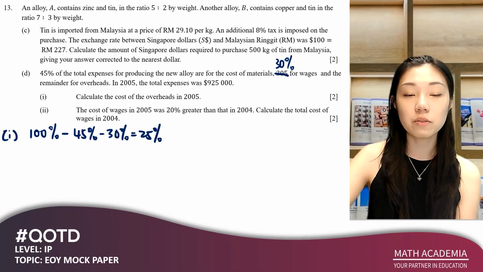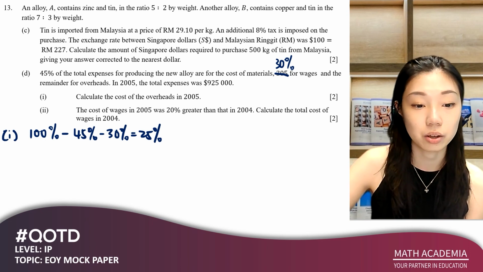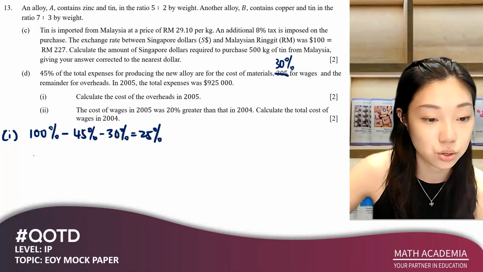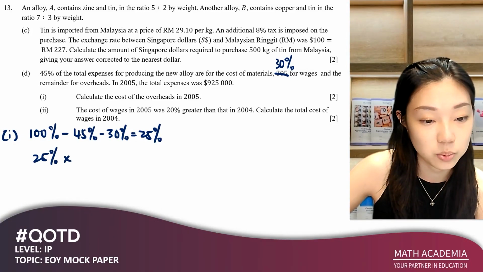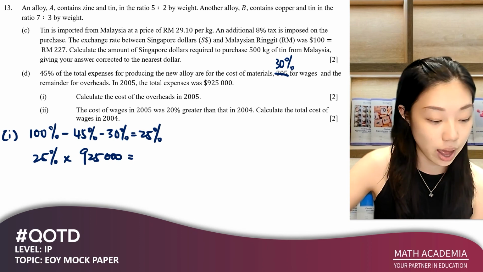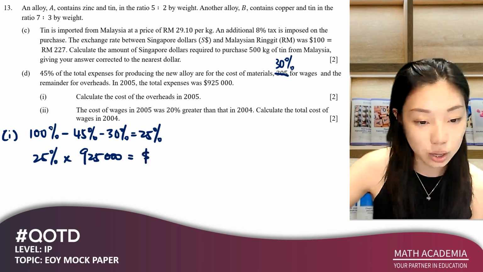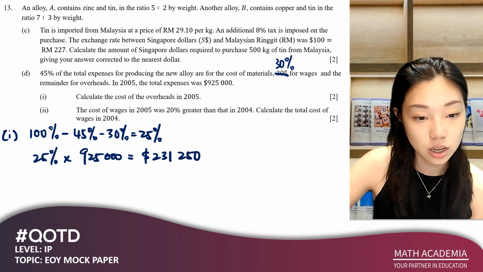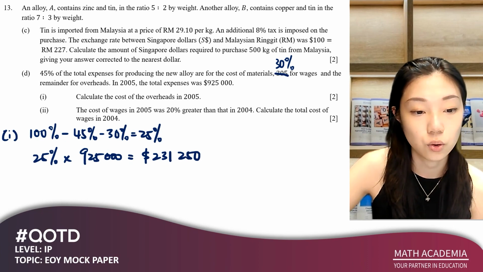So 25% of this 925,000 is for overheads. To find overheads, I just have to multiply 25% to the total expenses, where I would have $231,250. So this is the cost of overheads.